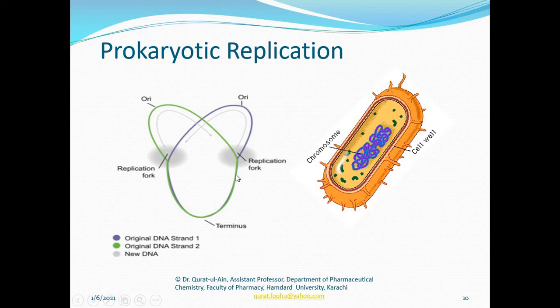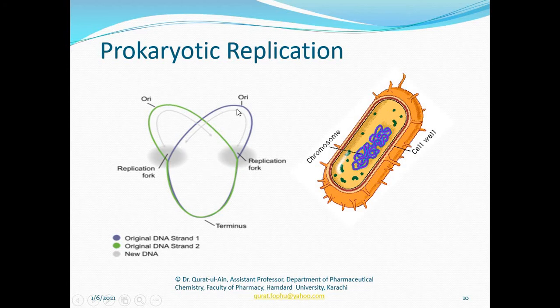So in this slide we have to understand just that this prokaryotic microorganism, that is the bacteria, in this case E. coli, has one single circular double stranded DNA, and it also has only one origin of replication. And how would this DNA be replicated?